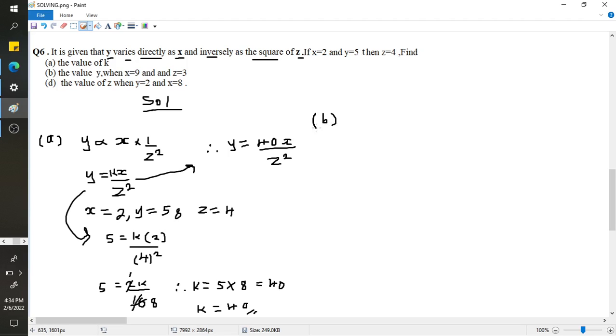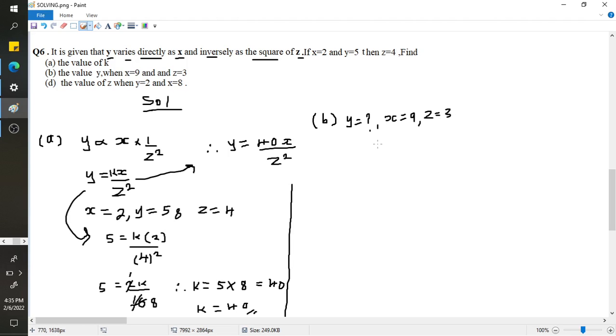So we have B there. Okay, so let us just do this. In B, we want to find the value of y when x is equal to 9. So again, question B, we are asked to calculate the value of y when x is equal to 9 and z is equal to 3.